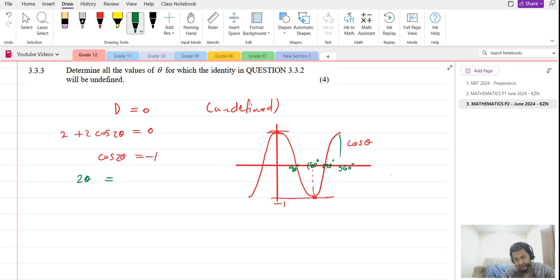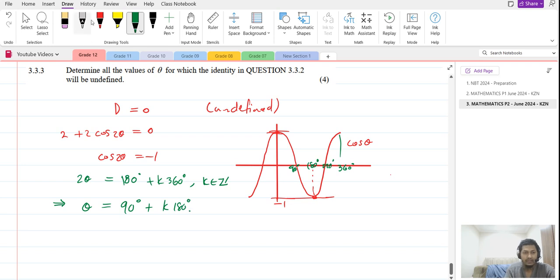So 2 theta is 180 degrees plus K360. Don't forget to write K is an element of integers. This implies theta is now equal to 90 degrees plus K180. I hope you guys understand. That's my general solution. So for which values of theta will this be undefined?